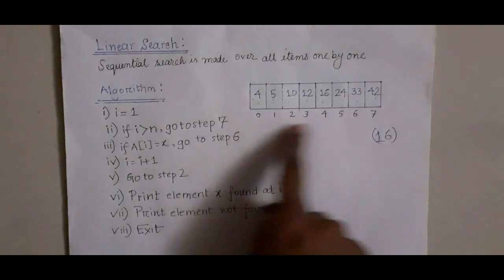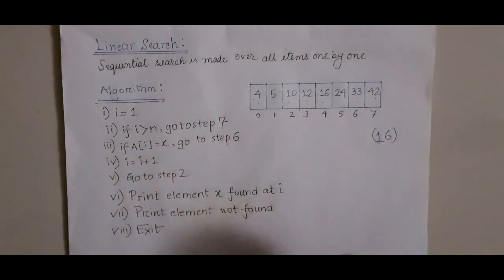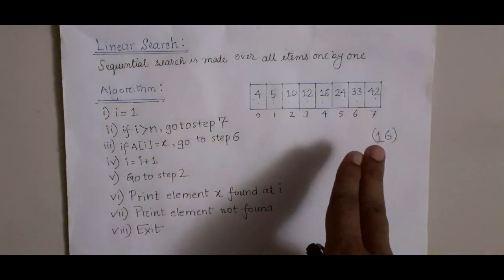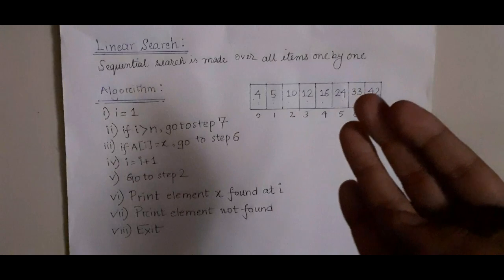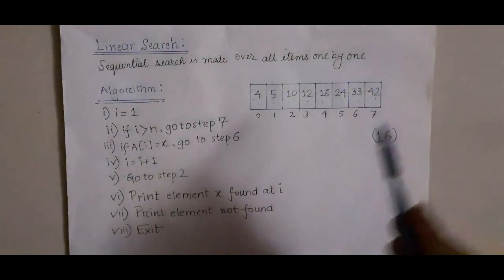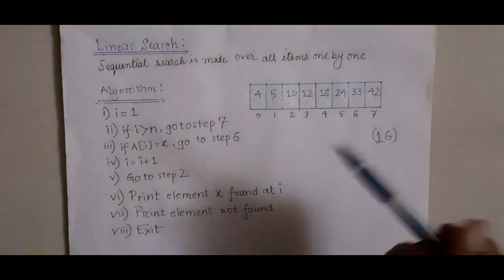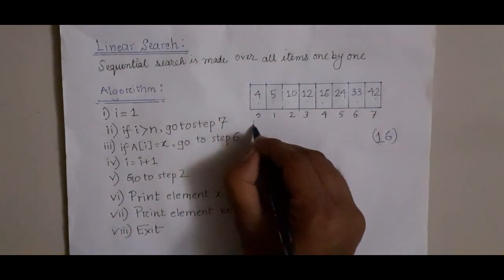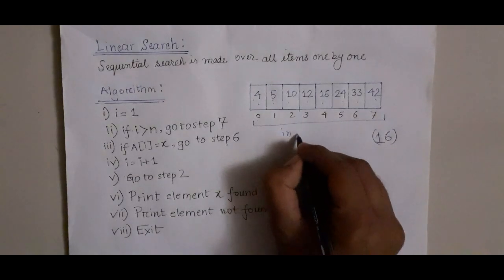What are these? This is a list of numbers. You can say it's a place value, or the number index, whatever you want to say, it's okay.